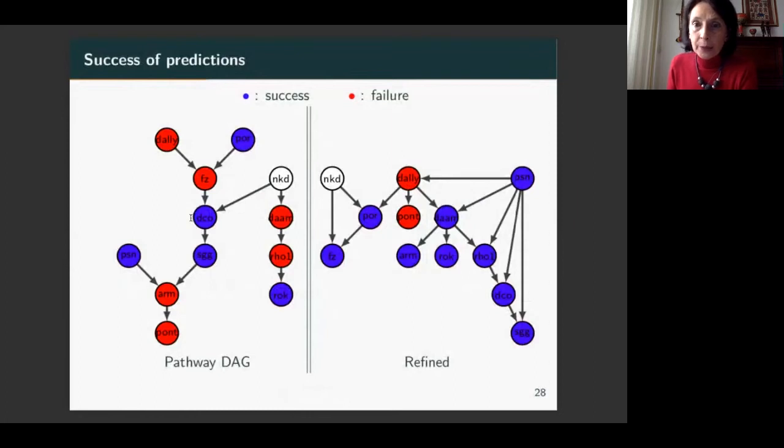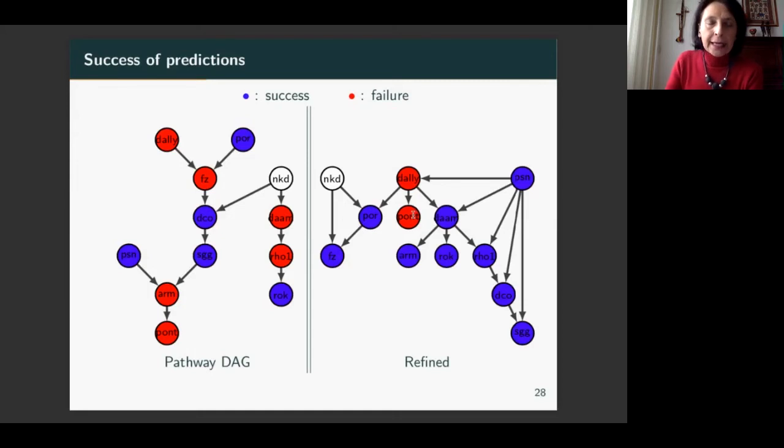Now here, blue nodes represent successes. So, you know, the predictions were coherent with what was observed, and red nodes represent failures. And you see in the refined network, we are doing pretty well. We fail on Daly and Pond, which are the two variables involved in the loop, which of course cannot be dealt with properly within this framework.